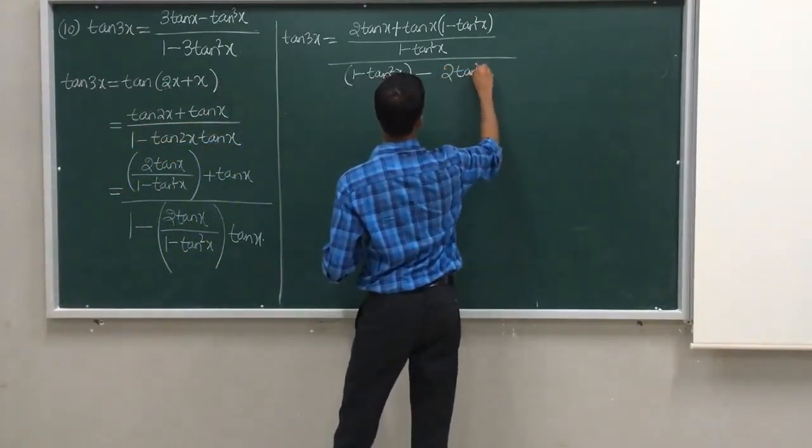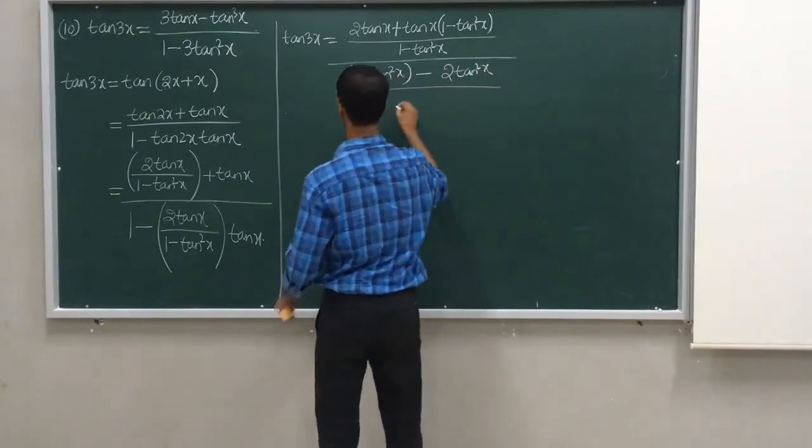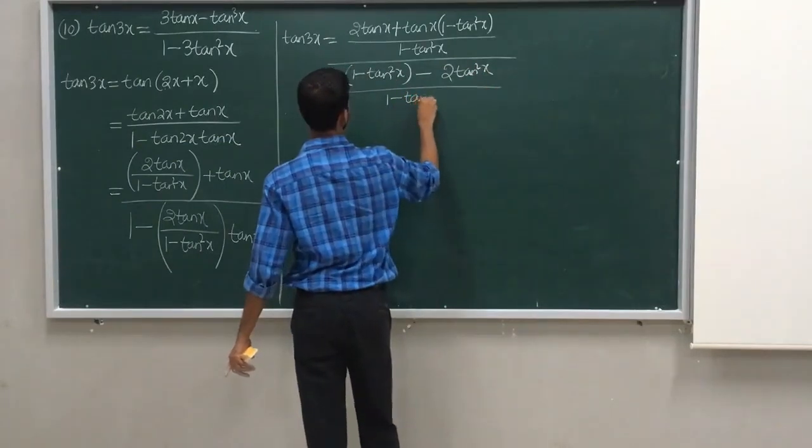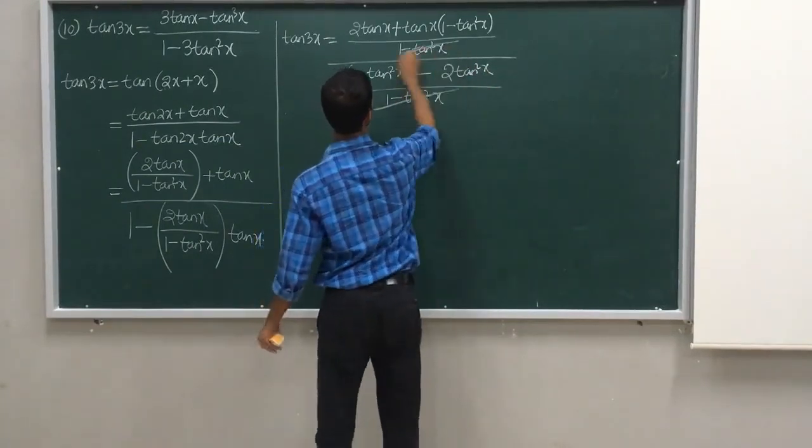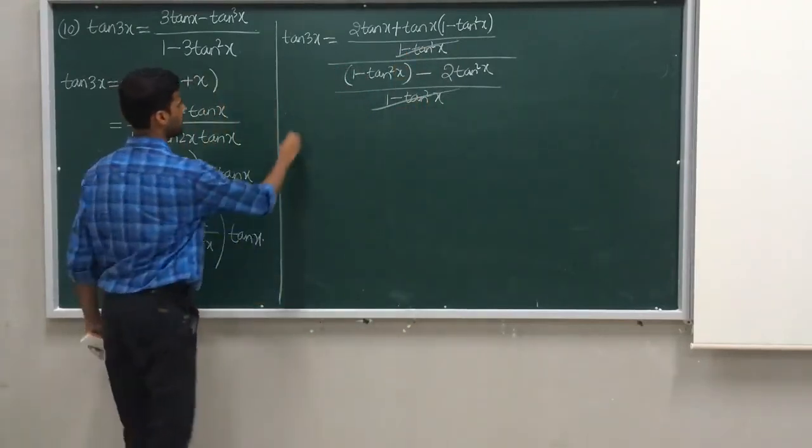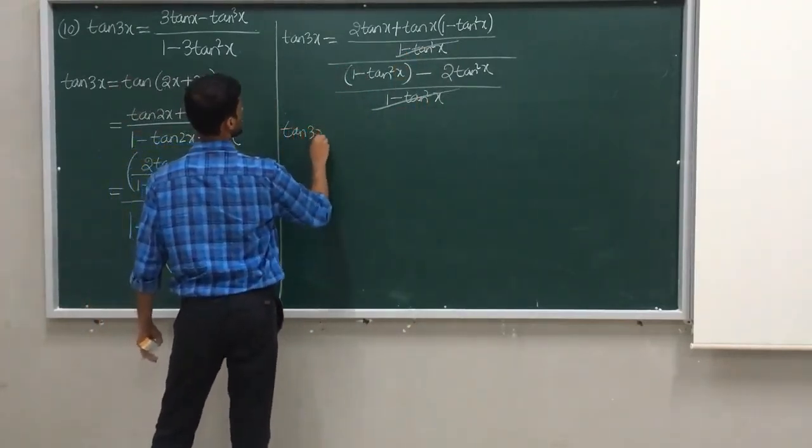You also understood. Whole divided by 1 minus tan square x. You cancel these two, so you are left with tan 3x.